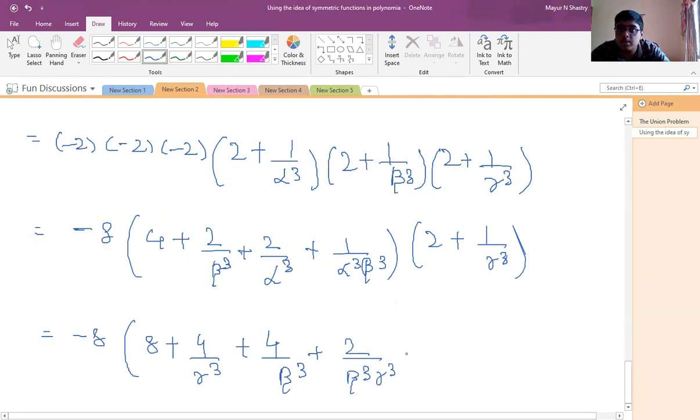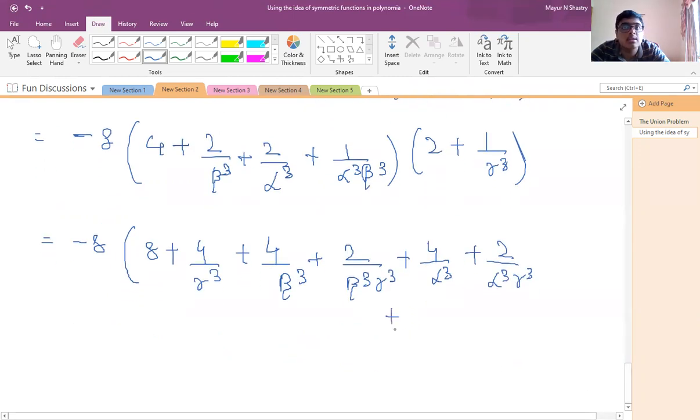Then we get a plus 4 by alpha cube. Then we have plus 2 by alpha cube gamma cube, and a plus 2 by alpha cube beta cube, and then finally a plus 1 by alpha cube beta cube gamma cube. Wonderful, we've got this.